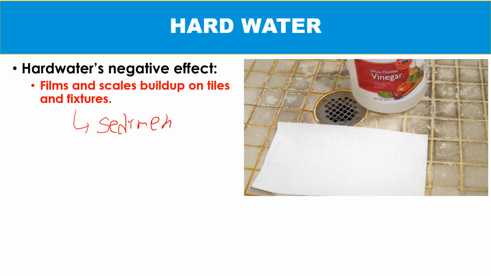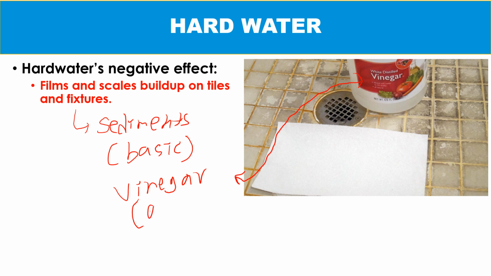And some of those sediments, including a sediment that has been solidified, are somewhat basic. A base solution means it's the opposite of acid. But if you think about why people use vinegar, well, vinegar is a weak acid solution.